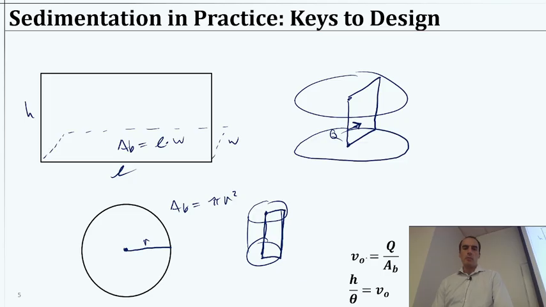Okay, and do remember these values. I think you should be able to derive them on your own. I don't recall if I put them on the equation sheet, so go double check that. They're simple enough, I expect you to be able to figure it out if you needed to. The velocity is the flow rate divided by the area of the basin. I think I put it on your equation sheet, but double check.